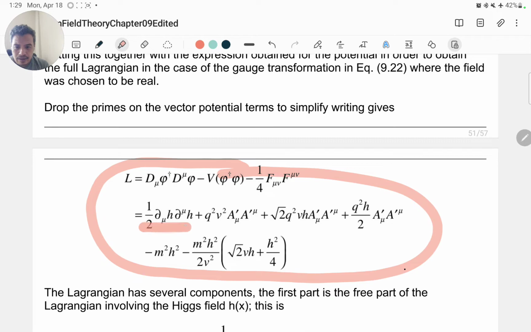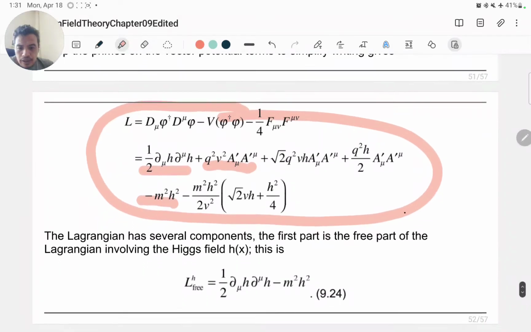We have this term for the kinetic term for the Higgs, and then you have the mass for the Higgs field. And then we can also see that there is this term as well, and this looks like a mass for the gauge fields. So anyway, let's proceed.